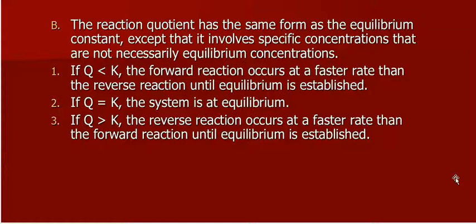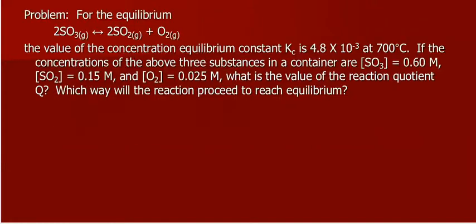So we're going to solve for Q, and that will tell us which way the reaction is going to proceed until it reaches equilibrium. So if Q is less than K, the forward reaction will occur at a faster rate until equilibrium is established. If Q equals K, which is very rare, the system's already at equilibrium, and if Q is greater than K, the reverse reaction proceeds at a faster rate. So it simply tells us which way the reaction is going to go in order to reach equilibrium.